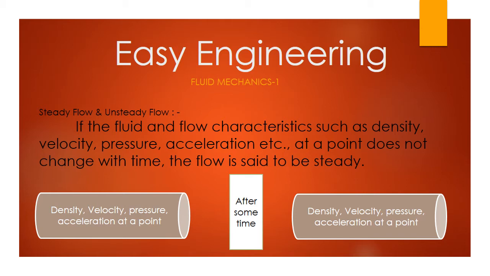My drawing is pretty bad, so I have just tried to demonstrate using some sort of pipes as an example. As you can see in this figure, there are two pipes, and in the first pipe there is a density, pressure, velocity and acceleration at a point.